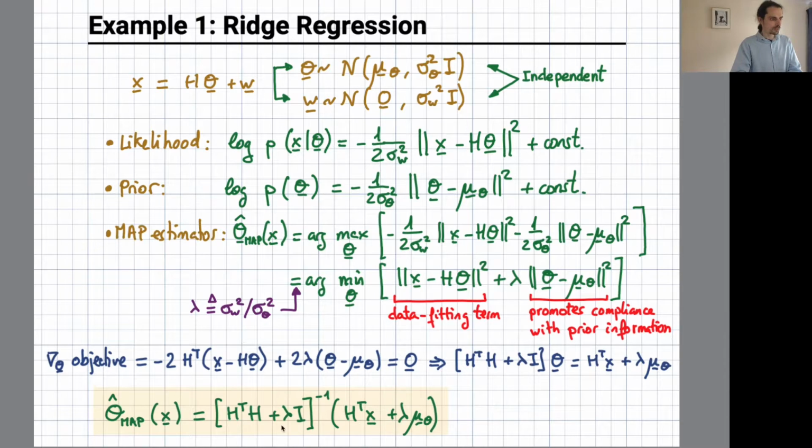However, since we are adding this scaled identity, even if H is poorly conditioned, the eigenvalues of this matrix in brackets will be sufficiently far away from zero, at least if lambda is sufficiently large, right?